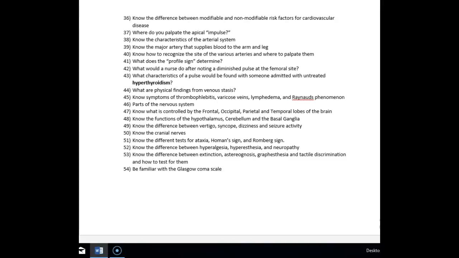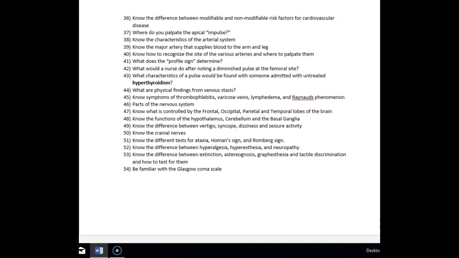Posterior tibial is behind the Achilles tendon. If you know those, the inguinal area also has an artery there. I don't know why I couldn't think of that for the longest. Maybe I've been saying it all day.